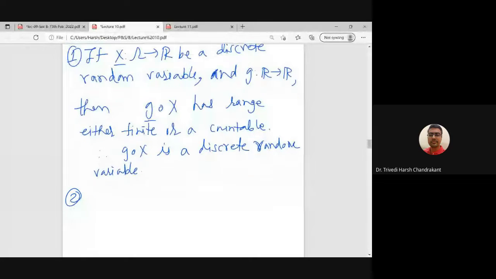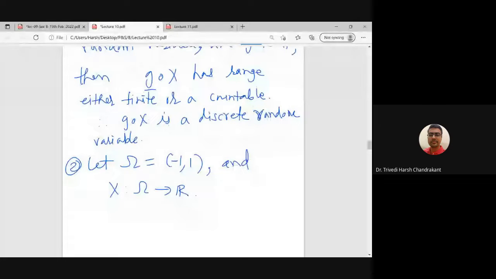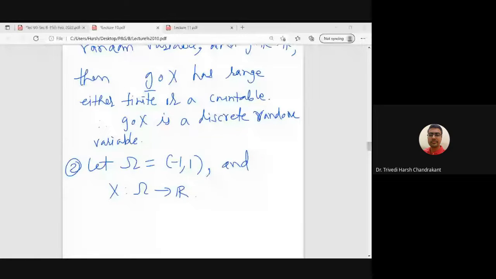Suppose we take a variable which is not discrete, and compose it with a function from R to R. Let us take an uncountable sample space, the closed interval [-1, 1], and we want to define a random variable from omega to R. If we have a subset and want to define a map on the set, the trivial way is the identity function.